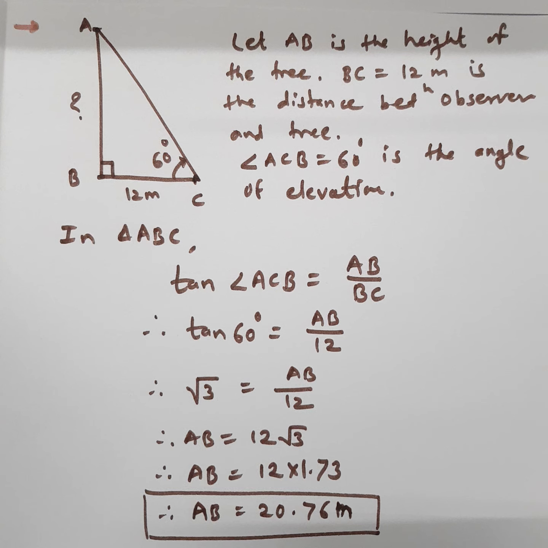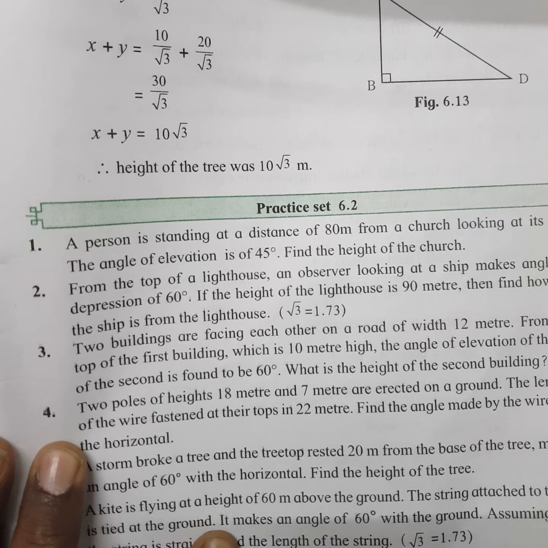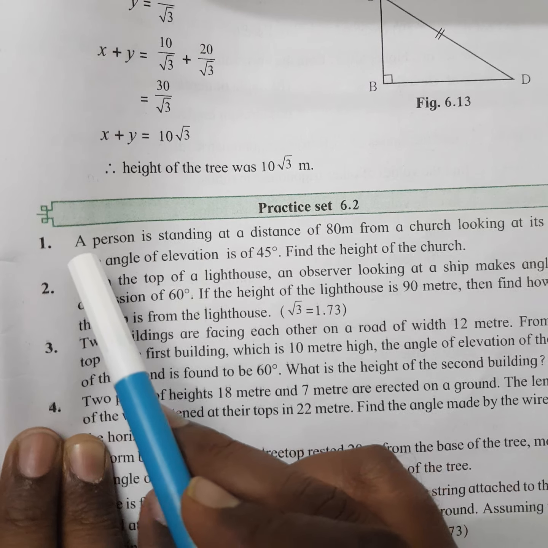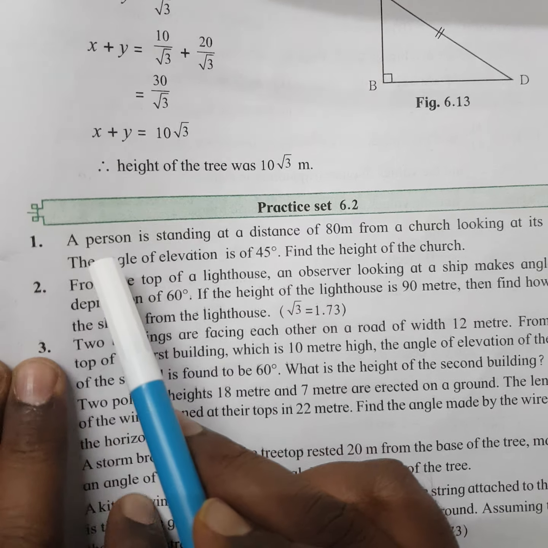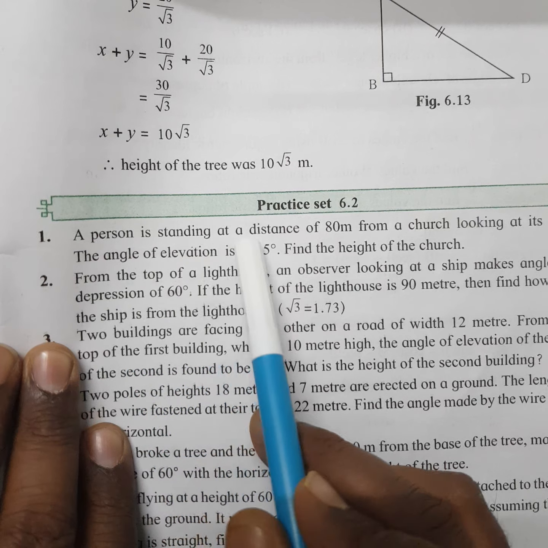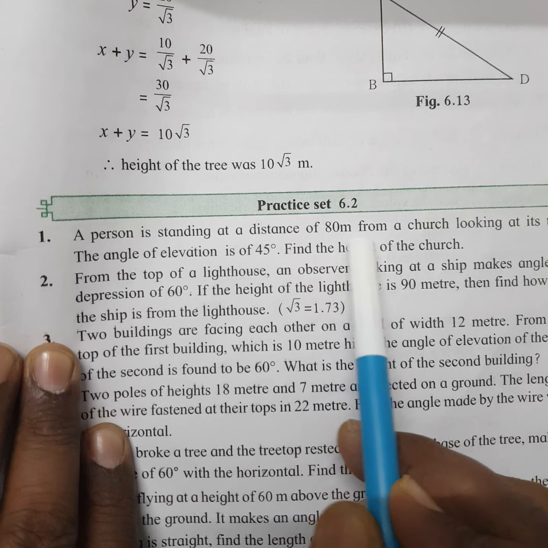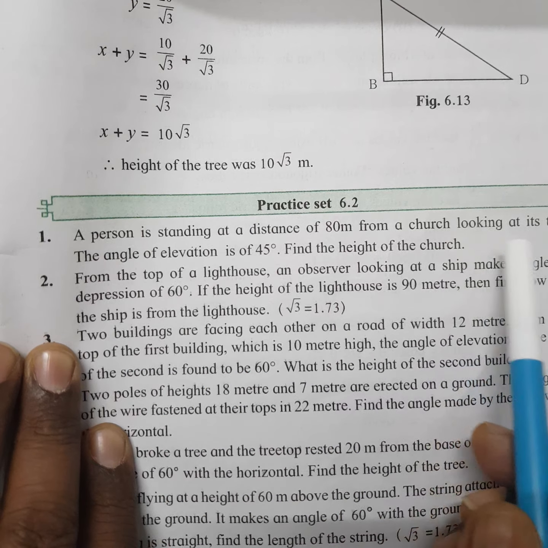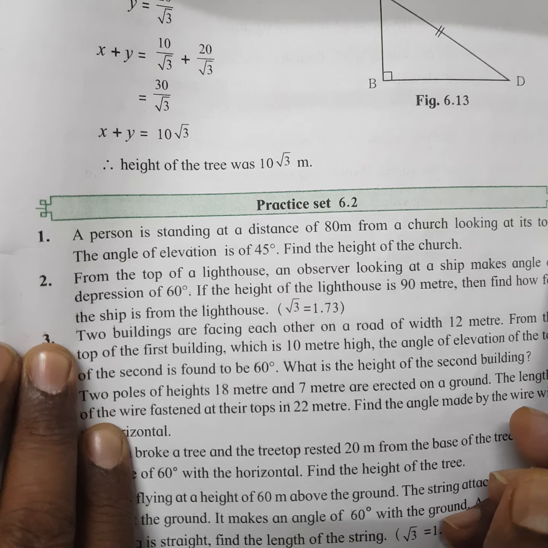Now we will see the next example. Now in practice sheet 6.2, the first example is similar to this example. A person is standing at a distance of 80 meter from the church looking at its top.